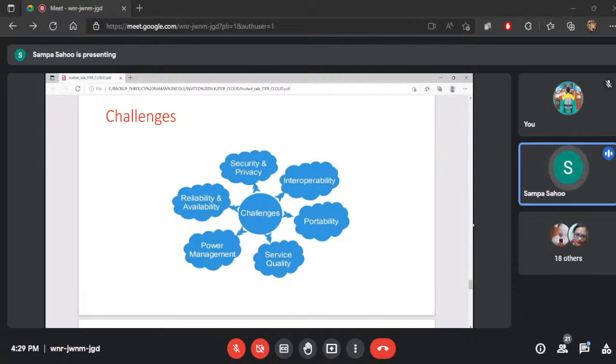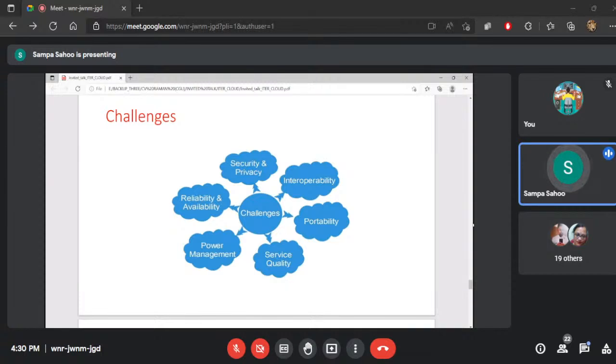Then there is reliability and availability. Availability means the downtime should be less. Then there is power management. The infrastructure that is required for proper functioning of the cloud service uses power. So how to make that energy efficient or power efficient?